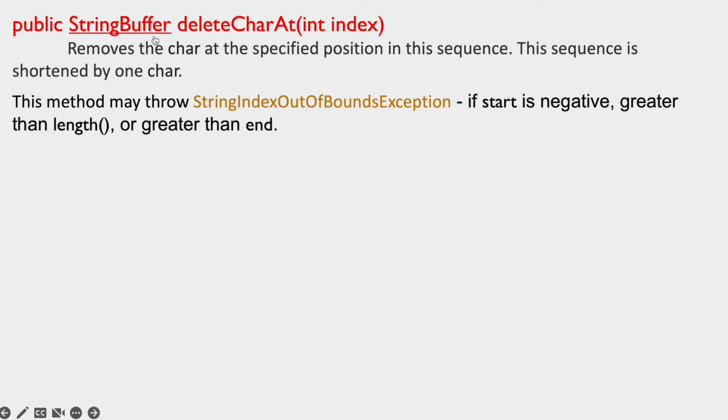And the next method is the deleteCharAt method. The previous method was the delete method. By using the delete method, we can delete a number of characters, that means from place to place. But by using this method, we can remove only one character at the specified position. This method may throw a StringIndexOutOfBoundsException if the index is negative or greater than the length of the StringBuffer object.